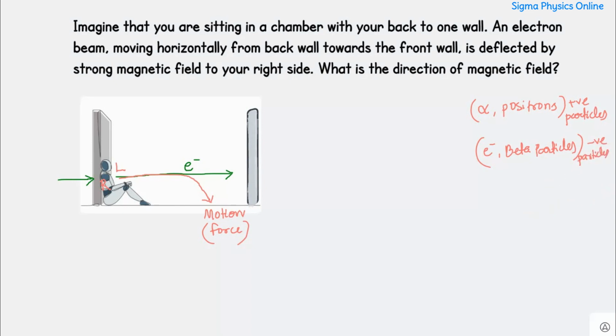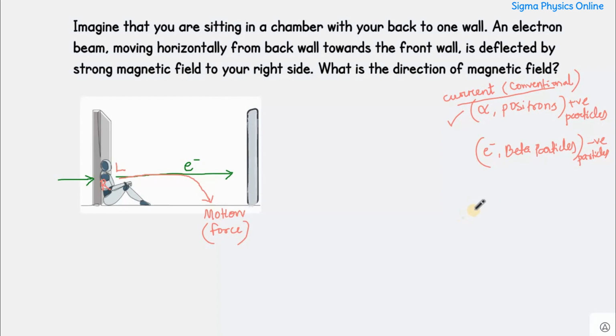So whenever we consider the flow of current in these type of questions, we have to take the direction of movement of the positively charged particles as the direction of current. That is, we have to consider the conventional current. So whenever we talk of current in these type of questions, it means that we are talking about the direction of motion of the positively charged particles.